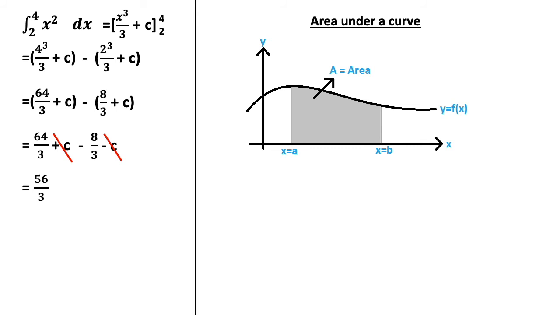And if I want to work out the area under the curve, bounded by the x-axis and the two vertical lines, x equals a and x equals b, then what I need to do is integrate y equals f of x between the limits of a and b, and this will give us the area bounded by that curve, the x-axis, and the vertical lines x equals a and x equals b. So that's the general formula for area under a curve.